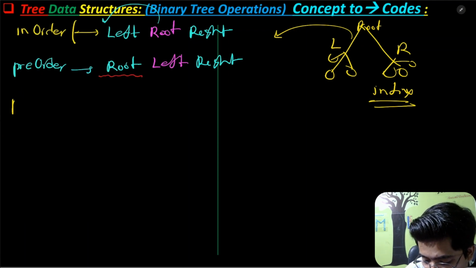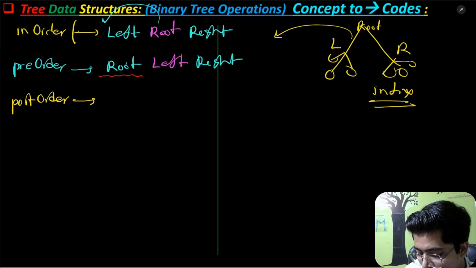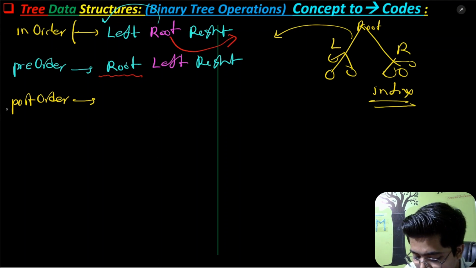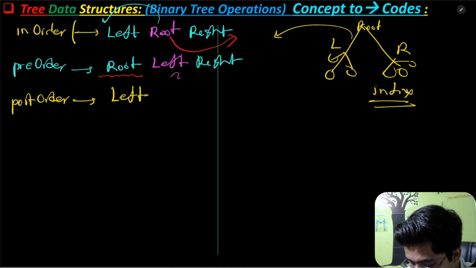And in post-order, the root moves back to the post position. So the orientation would be like this: left, then right, and then the root will come at the post position.